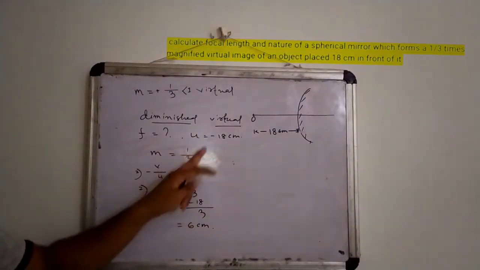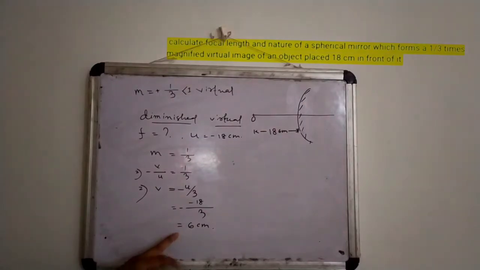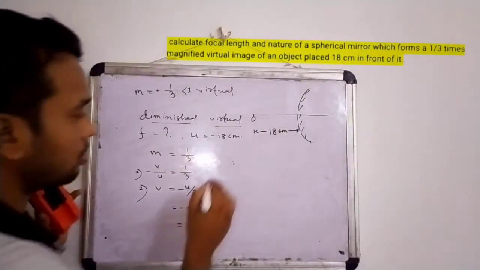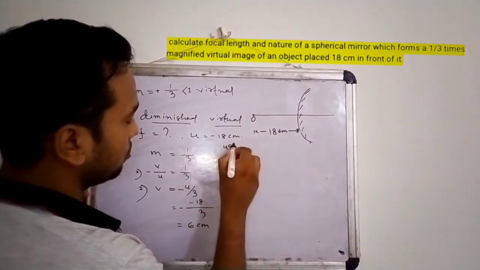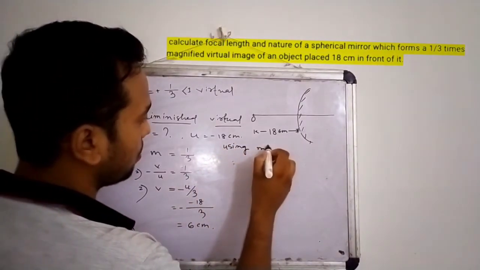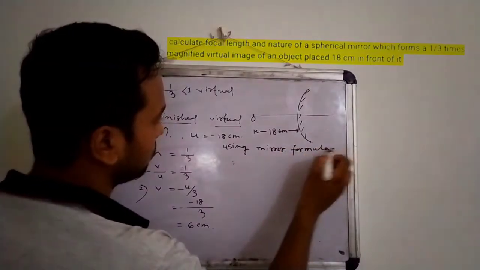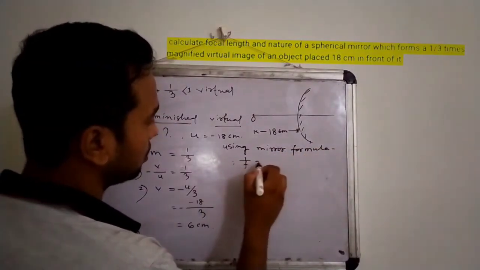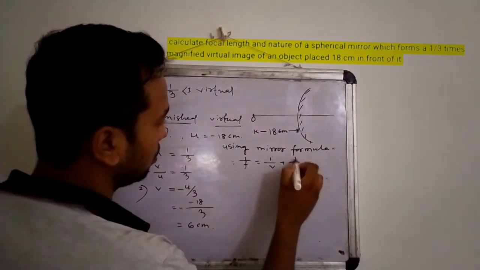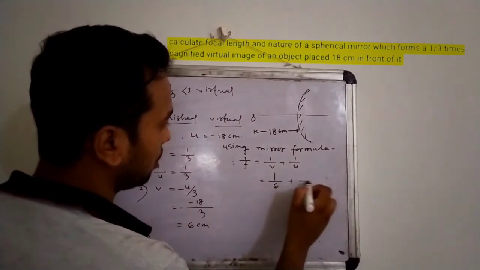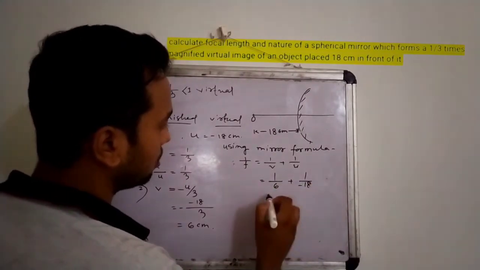So this is the object distance and image distance. Now by applying the mirror formula, we can find the focal length. Using the mirror formula, 1 by f is equal to 1 by v plus 1 by u. So v is 6 cm and u is minus 18.